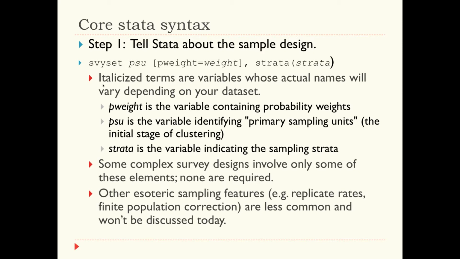The svy prefix doesn't work on every statistical routine, but it does on most of them. And so that's nice, that you don't have to remember every time what these variables are doing and remember to apply them. All you have to remember is just to do this and then use the svy prefix.